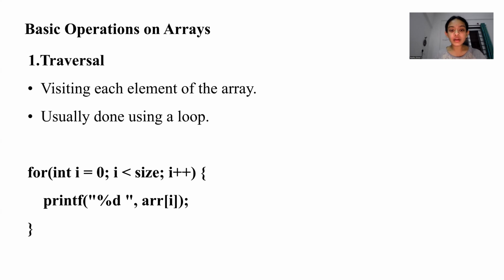Then within the braces of the for loop, we have printf("%d", array[i]). As we are using an integer data type, it is %d and array of i. We are going to print the values of the 0th index, first index, second index, third index and fourth index.